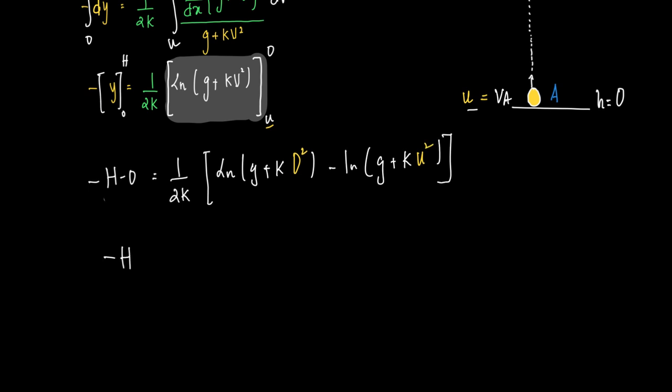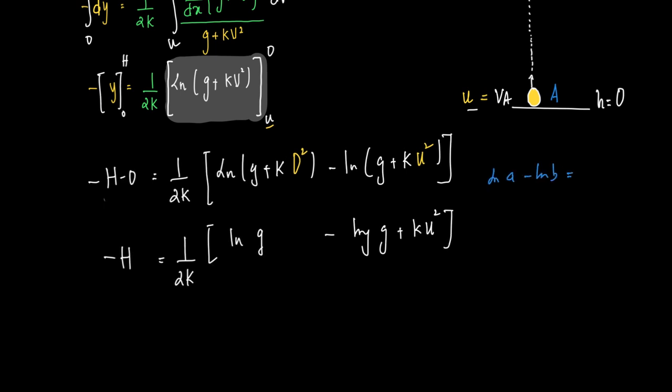So this is minus h is equal to 1 by 2k times, k into 0 is 0. So we can write here ln g minus ln of g plus ku square, right? Now let's make use of this property. What is ln a minus ln b? It is ln a by b.